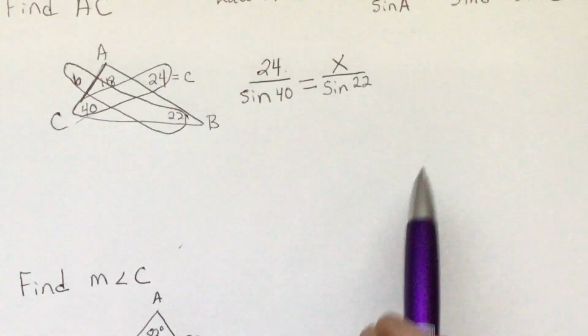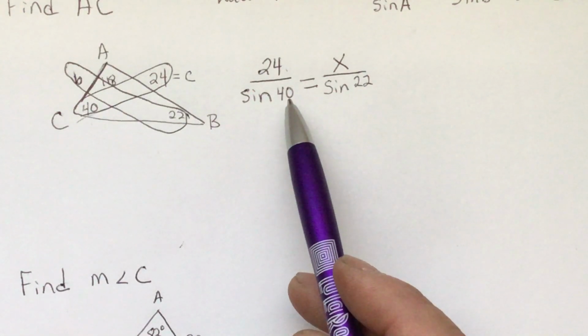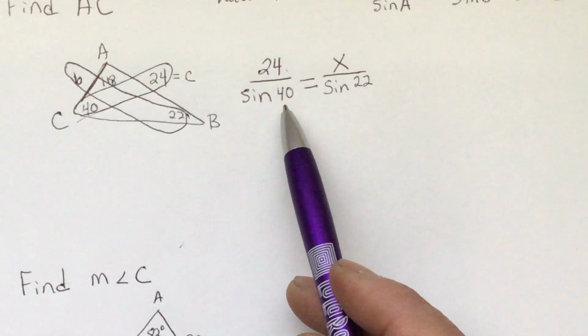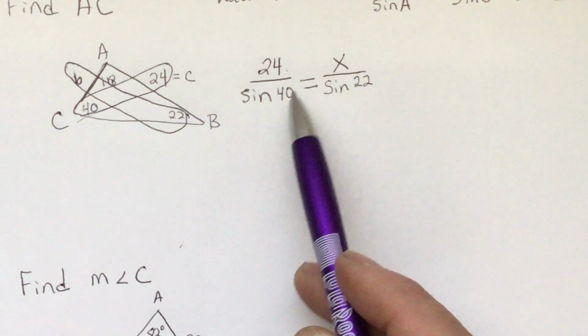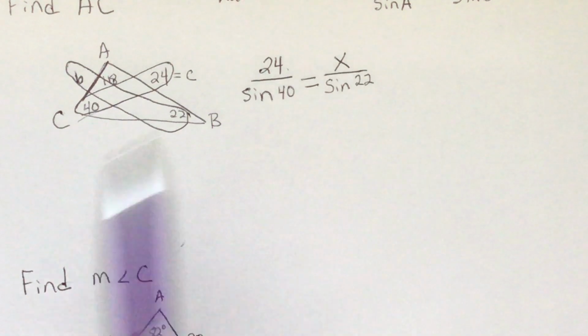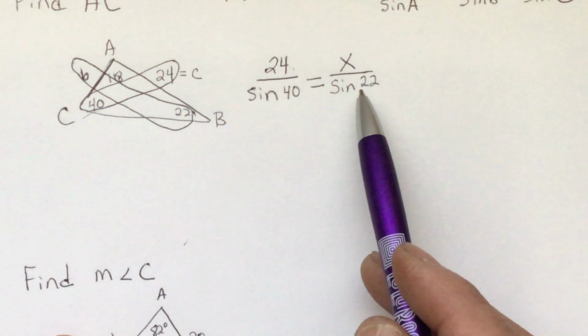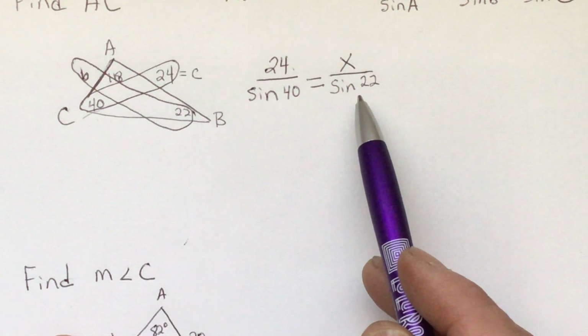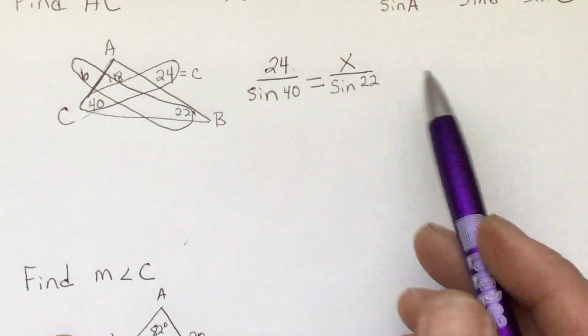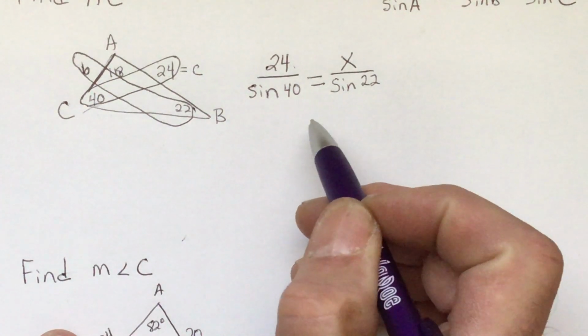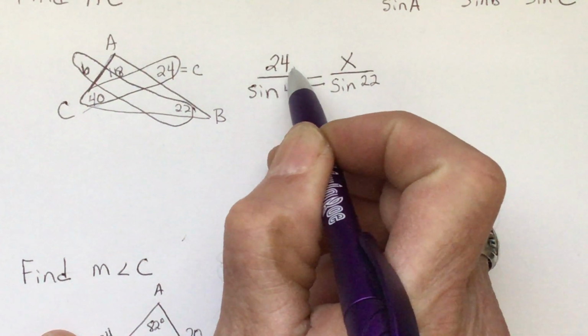Now we could go to the calculator and type in sine of 40, but it's probably going to give us a very strange looking answer, so we don't want to do that part yet. We could do the same thing with sine of 22, but again, it'd be a real ugly number to work with. So to begin with, we're going to cross multiply.